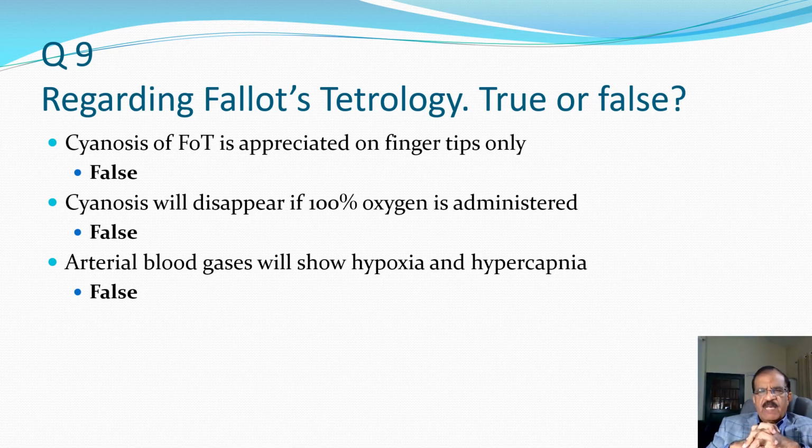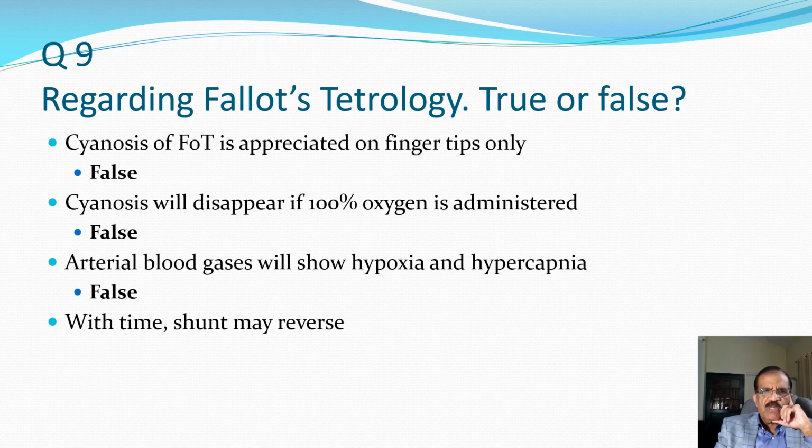There won't be hypercapnia because whatever blood is going through the lungs, and lungs are very efficient to remove carbon dioxide. So as far as I understand, there would be no hypercapnia or there would be minimum hypercapnia. Of course, if the patient goes into TET spell, there may be some hypercapnia because that leads to tissue hypoxia and there may be some anaerobic metabolism, but mostly there would be just hypoxia.